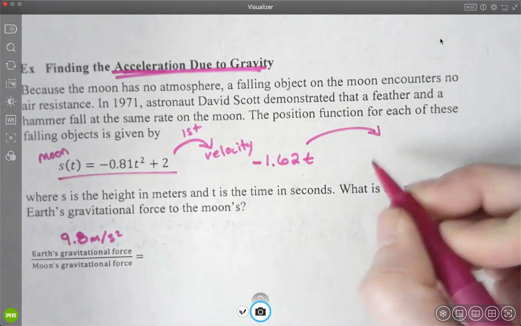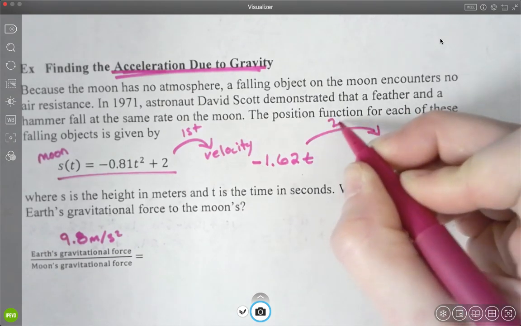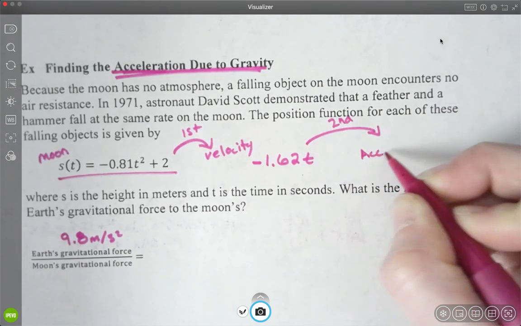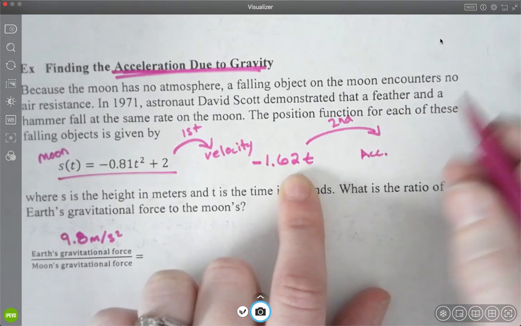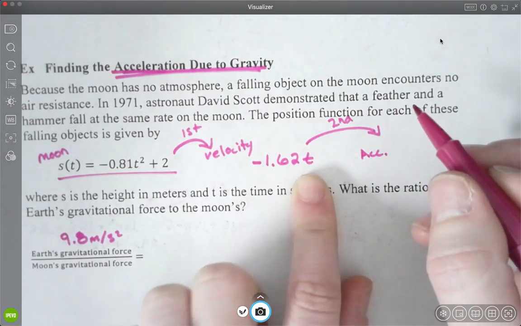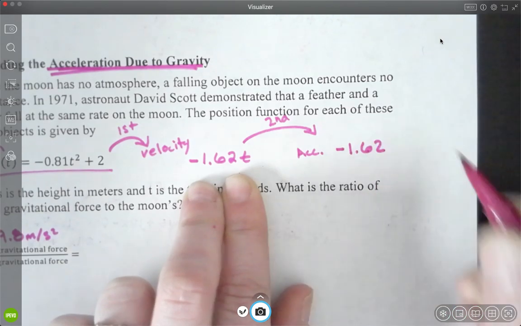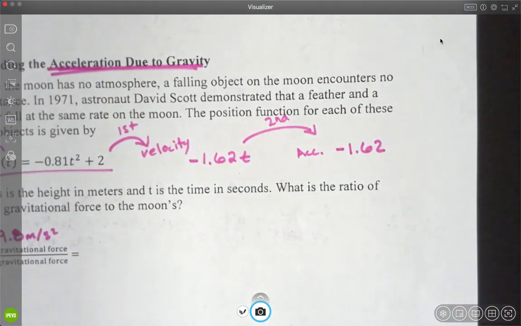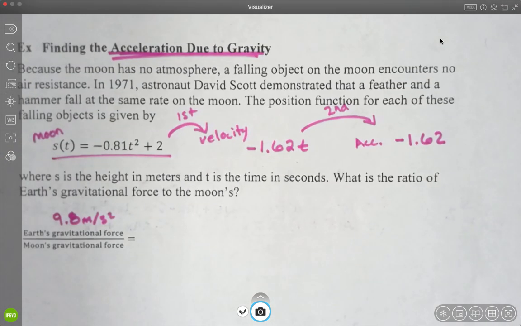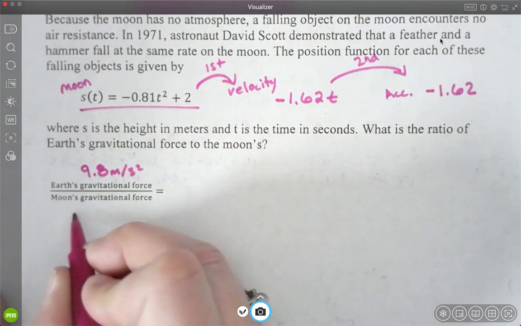It drops off. Then if I do it again, the second derivative gives me the acceleration. The derivative of negative 1.62t is just negative 1.62, right? The t will drop off because the 1 comes down in front. So the acceleration on the moon is negative 1.62.